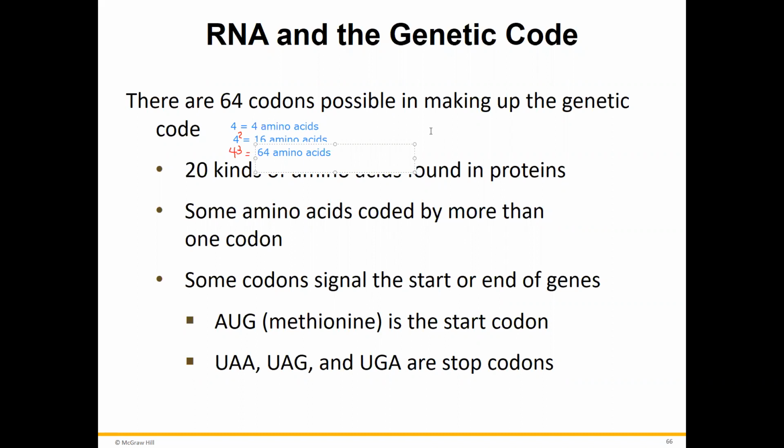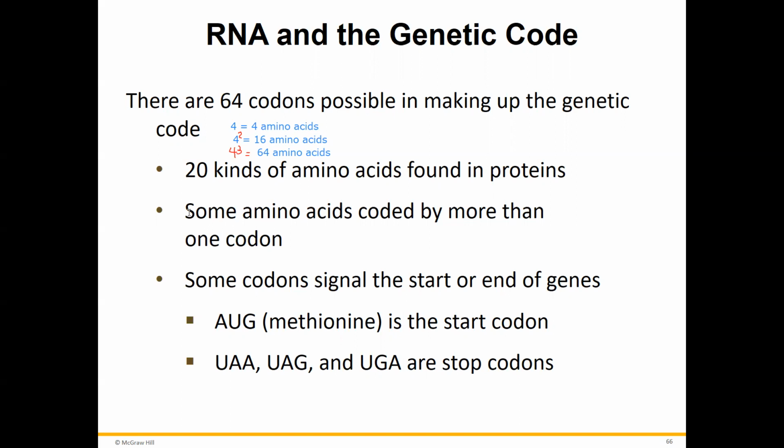Well, there's not 64 amino acids, but we know we have found all 20 amino acids in living organisms. So only using 2 nucleotides in combination would get us 16 amino acids, and that would not be enough. But if we combined 3 nucleotides, that would calculate out to being able to code for 64 amino acids.